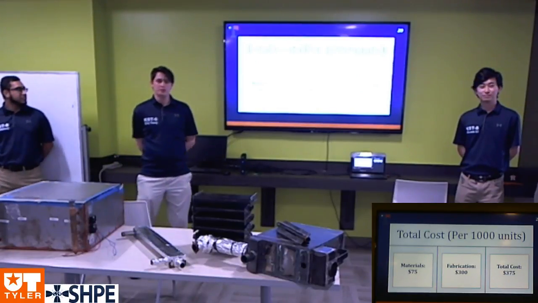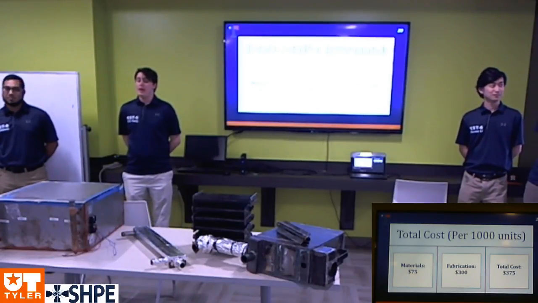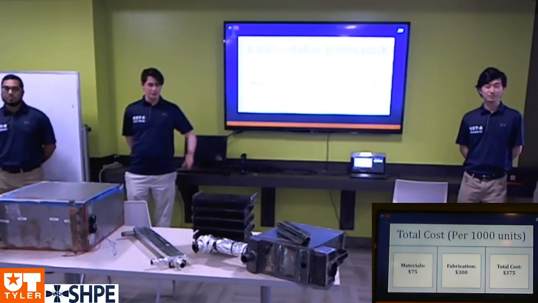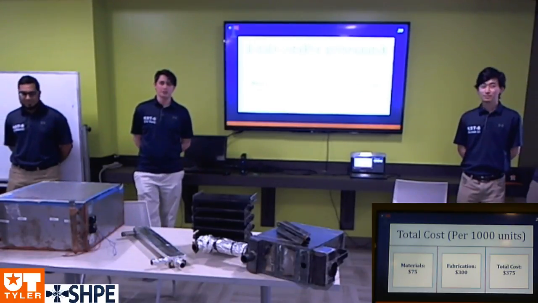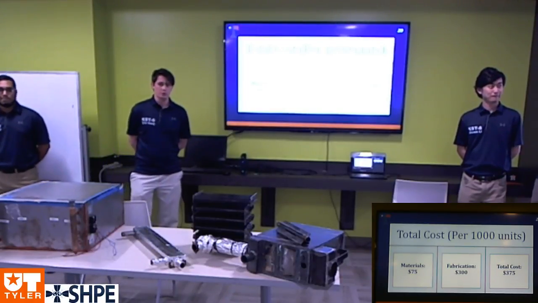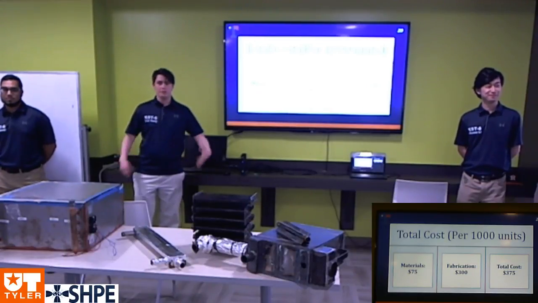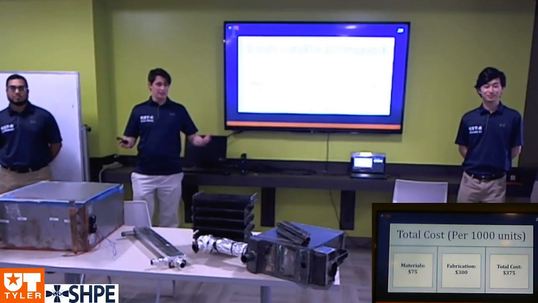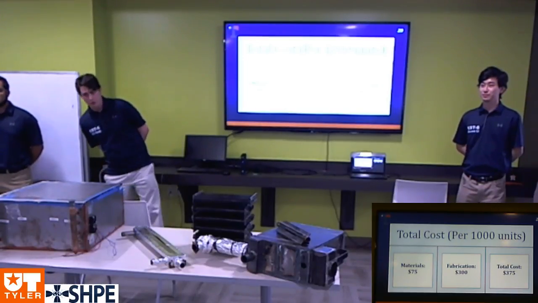So if we were to take the HX2, our final prototype, and manufacture 1,000 units of that, we believe we could reduce the cost of a single unit down to roughly $375. And that would, of course, come through refining our manufacturing process, possibly using robotic instruments to have more accurate welding and more accurate water jet cutting.